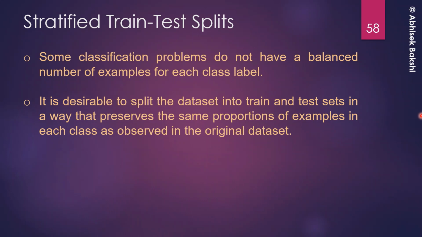So when you divide the dataset into train and test parts, you should ensure that the percentage of normal and diseased people in the train dataset remains the same as the percentage of normal and diseased people in the test dataset also.